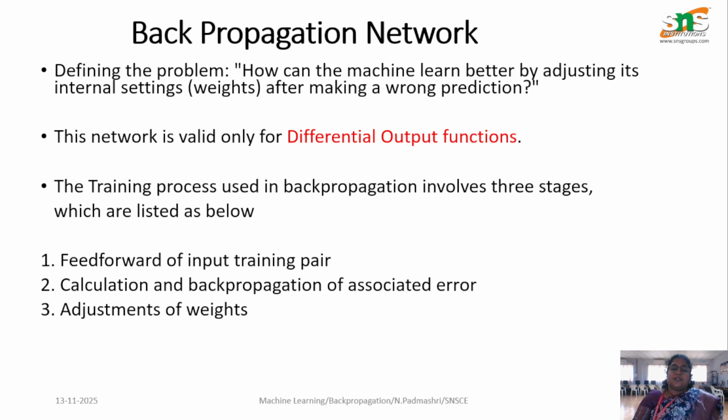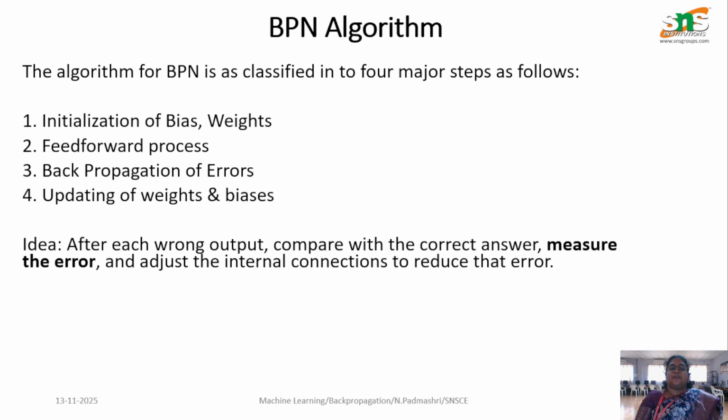So adjust the weights and we can get the correct output. The training process involves 3 steps: feed forward of the input training pattern, calculating the error, and back propagation of the associated error, adjustment of weights. The whole network works based on these 3 steps.